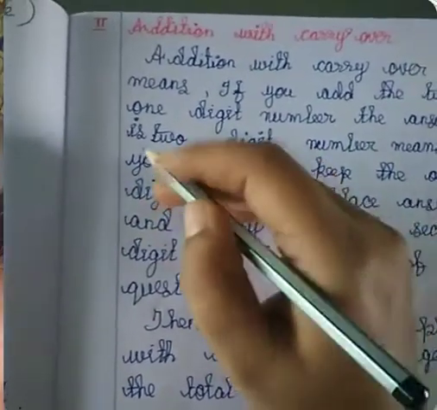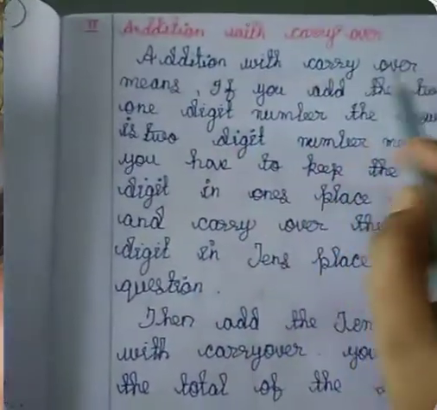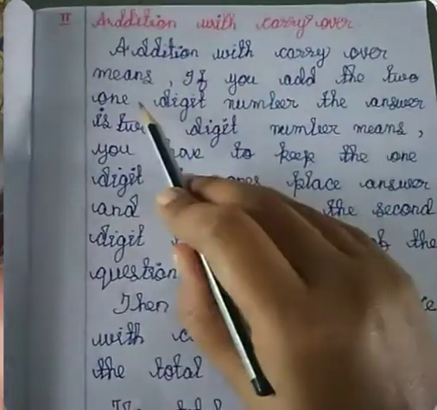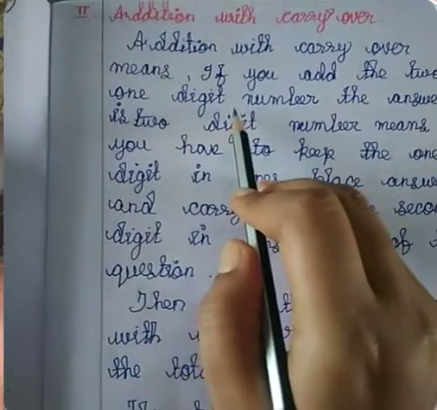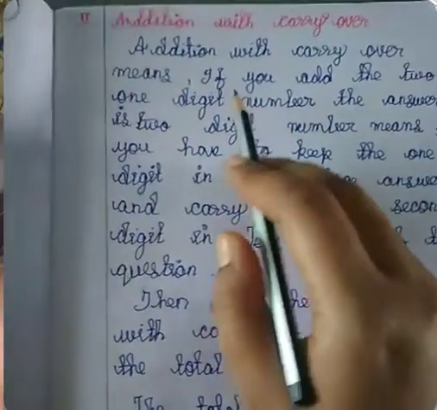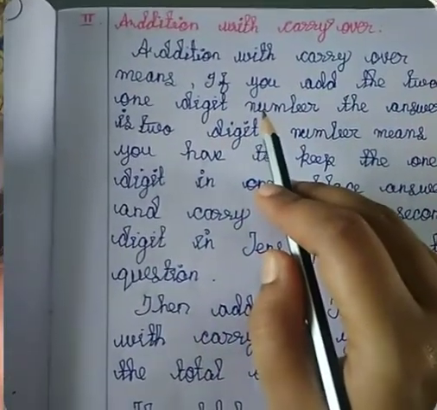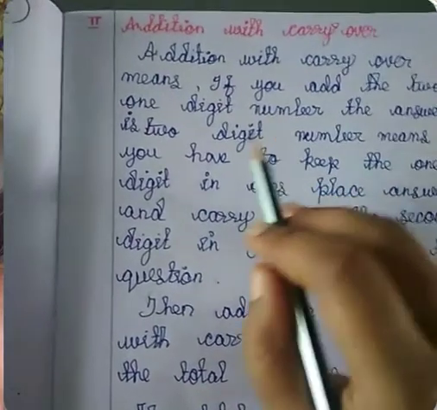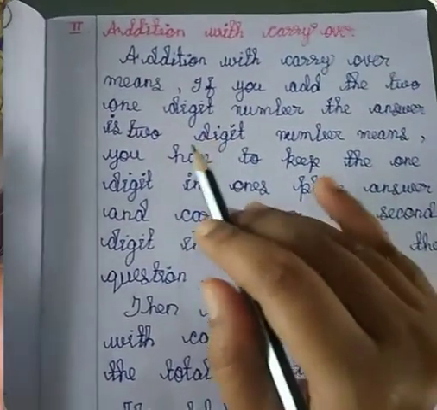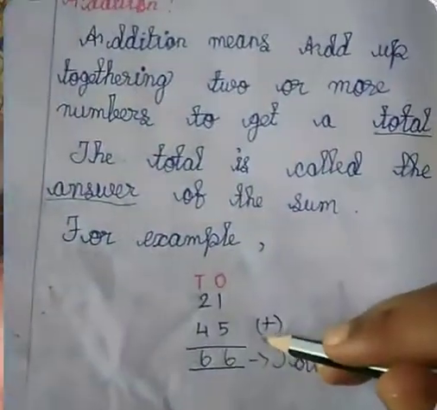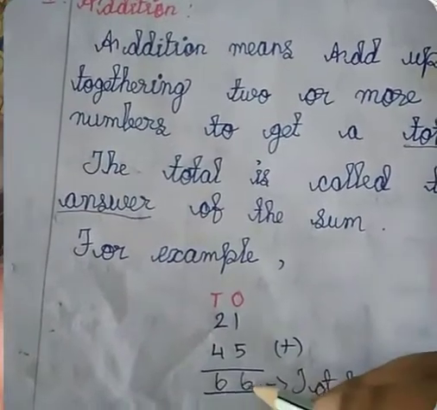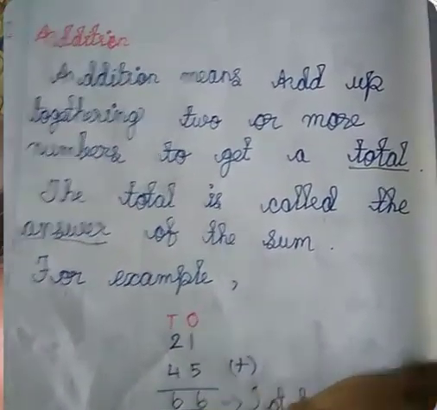Addition with carryover means you are going to add two one digit numbers, for example 5 and 5. If you get the answer in one digit, you use the normal method.